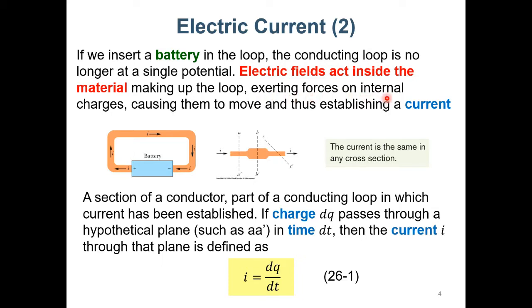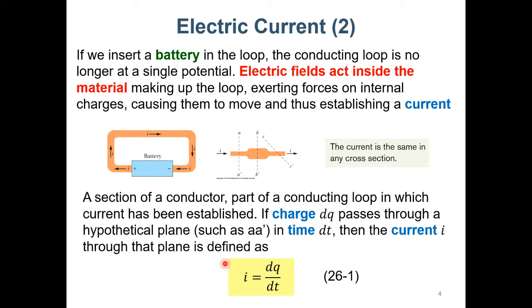So exerting force on the internal charges causes them to move, thus establishing a current. We define the current as dq/dt. You take the derivative of the charge with respect to time. So that is the current.